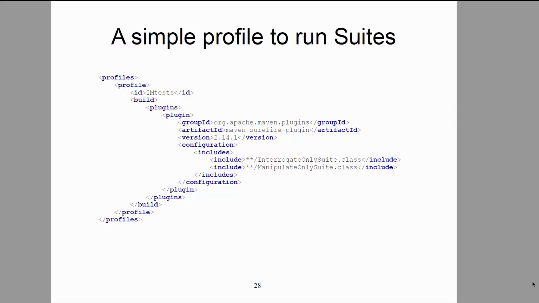So if I had created these suites for passing on Firefox Marionette, then they could be included in the Surefire plugin here, and we could have a profile that only ran the tests that pass on Marionette. I could have another one that only runs the tests that fail on Marionette to allow me to investigate it in more detail. And it gives me a way of organizing the tests again into different execution.